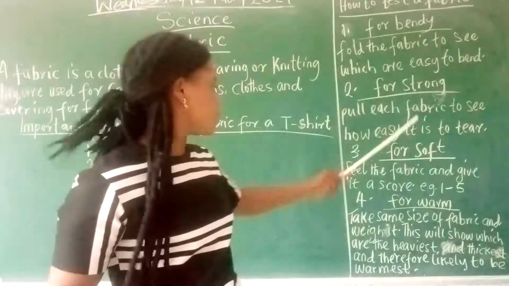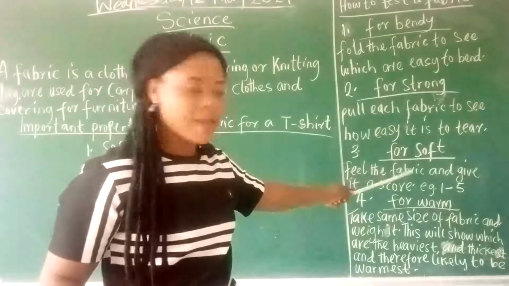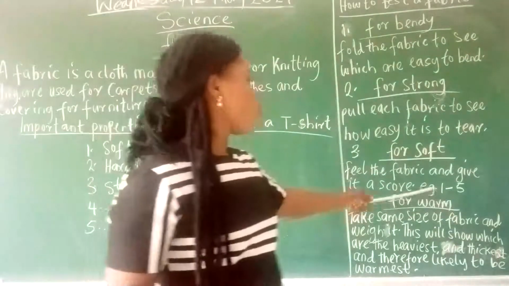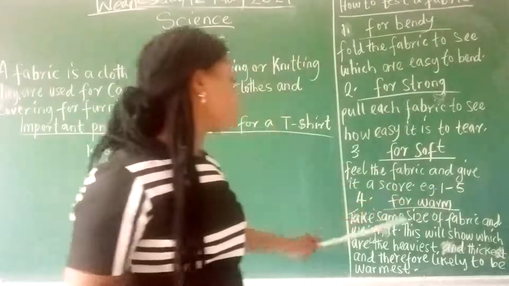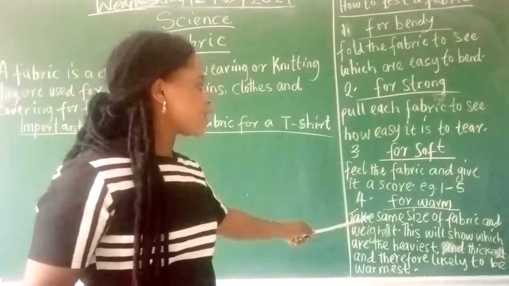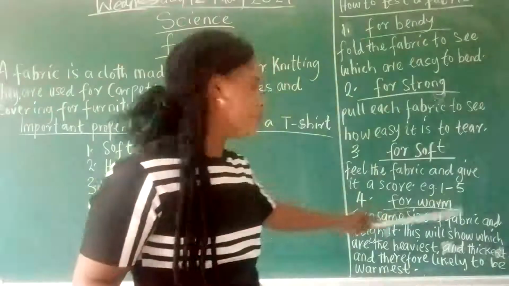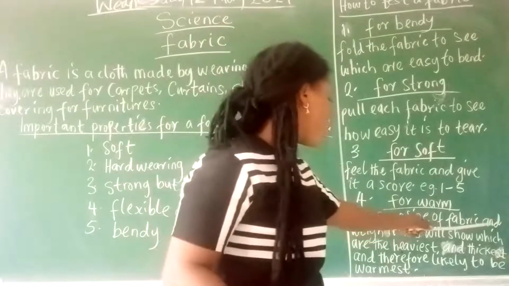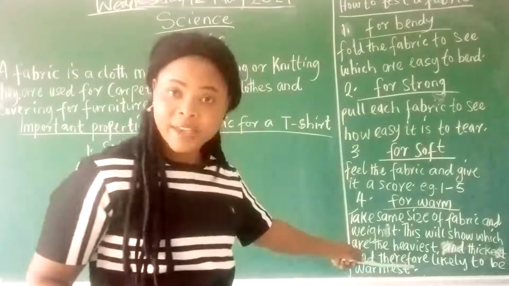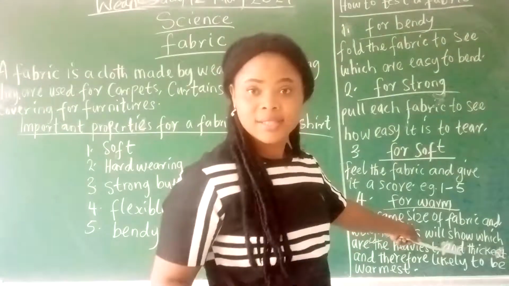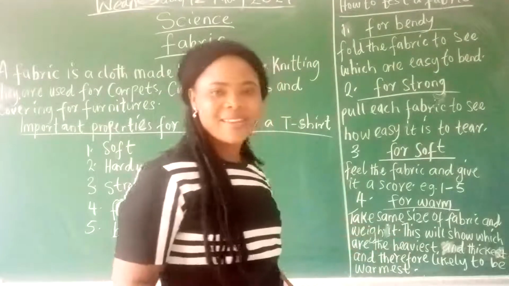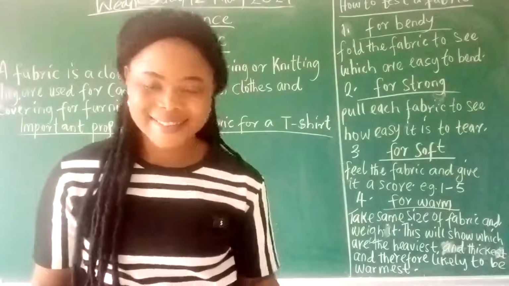For soft, feel the fabric and give it a score, like 1 to 5. For warm, take the same size of fabric and weigh it. This will show which are the heaviest and thickest, and therefore likely to be the warmest.